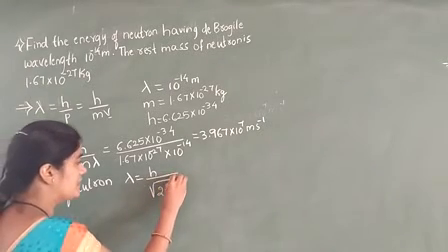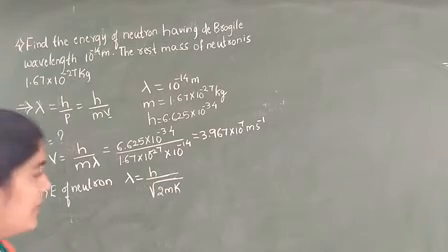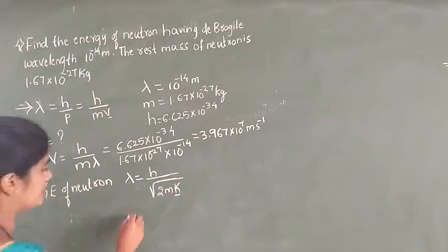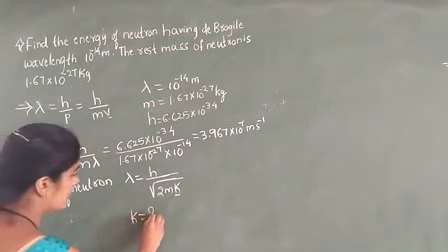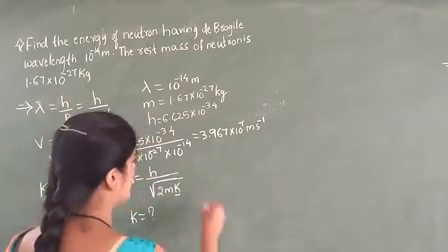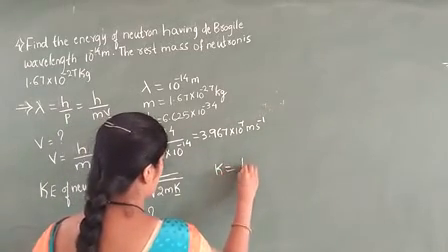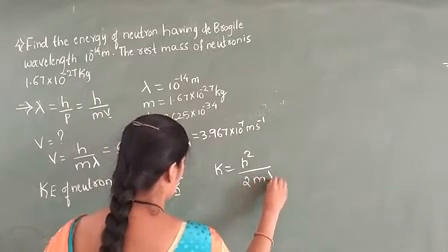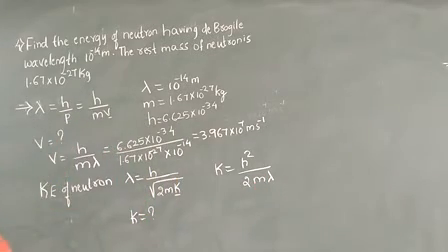In this condition we know the value of h, wavelength, m. We have to find the k. K is equal to question mark. Therefore the formula for the k is equal to h square divided by 2m into lambda. For the kinetic energy, k is equal to h square by 2m into lambda. Now put all the values.